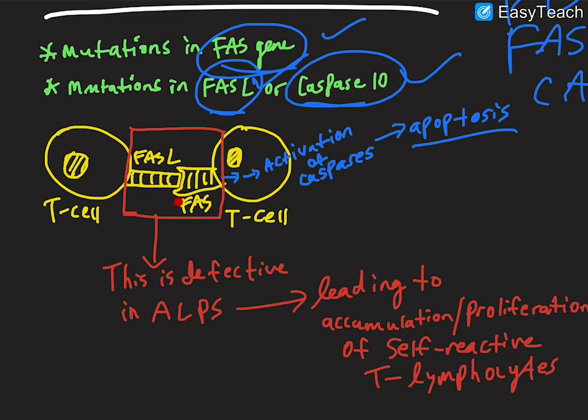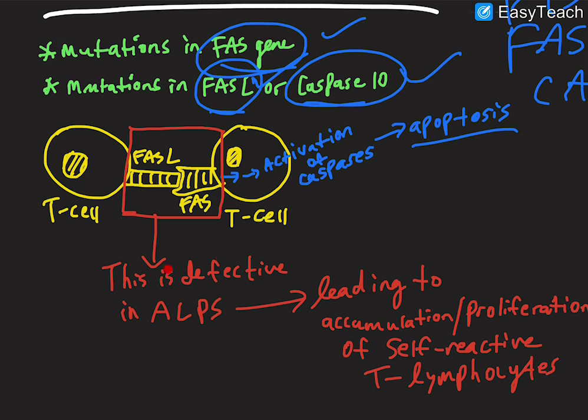But if this is defective due to mutations in the Fas or the Fas ligand or caspase 10, one of the caspase enzymes, any one of those three spots, then apoptosis cannot occur, right? So that's what's defective in autoimmune lymphoproliferative syndrome.